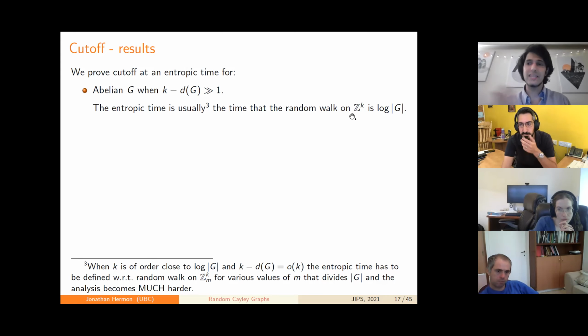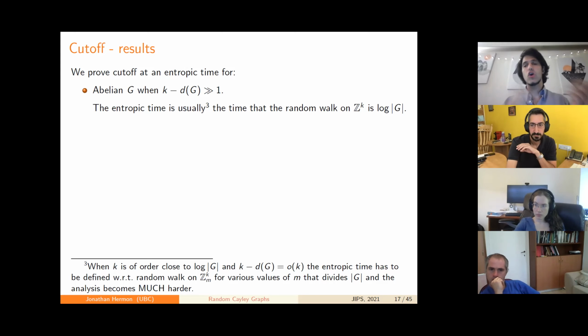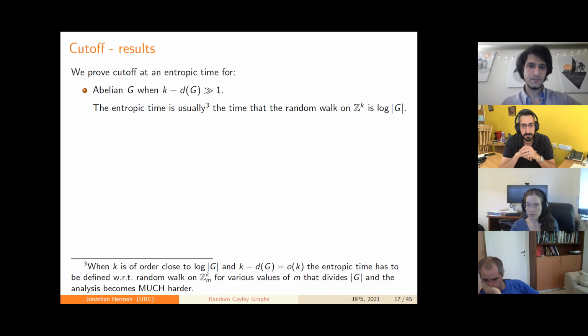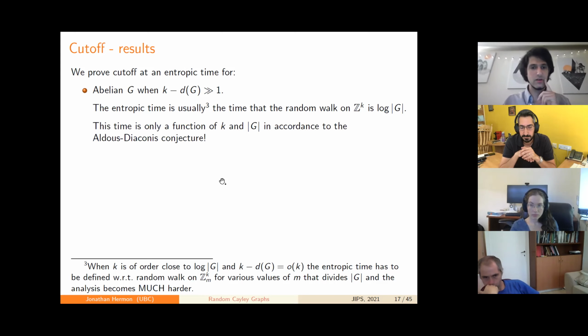Z^K is not really the Benjamini-Schramm limit because K diverges, so there isn't a Benjamini-Schramm limit, but in a sense it's the right object to look at, since in the local topology it is close to the finite graph we're looking at. Z^K here is a canonical object: it's the free abelian group with K generators.